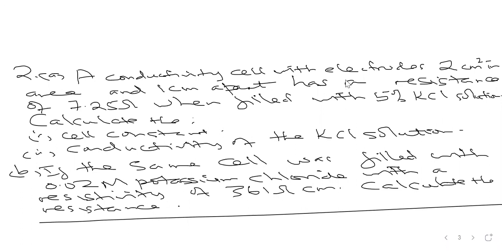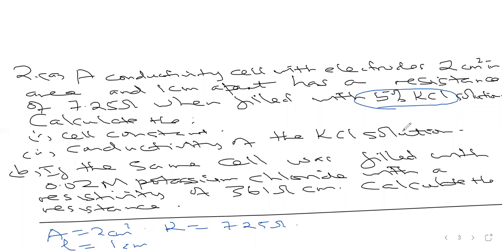What do we have? We have the cross-sectional area as 2 centimeters squared for each electrode. We have the L, which we call the distance, as 1 centimeter. We have the resistance as 7.25 ohm. Will this 5% potassium chloride be useful?